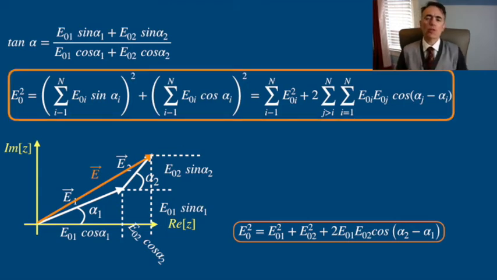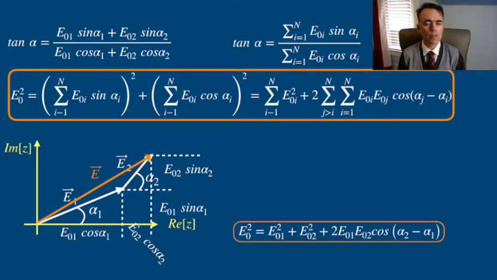In this expression, we can see the interference term in these sums that contain cosines of the phase differences. And the tangent of alpha is generalized as the sum of E0i sine of alpha i over the sum of E0i cosine of alpha i. This I leave as an exercise for you to do.